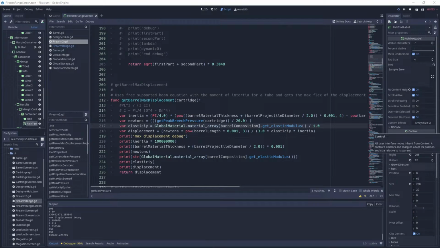So clearly there's something wrong with my calculation method. I've done this correctly before. That's the thing that's getting me. Oh my goodness. Okay, I'm stupid.